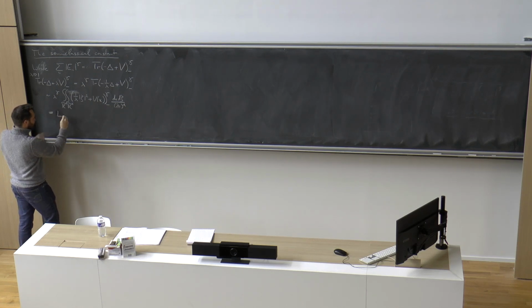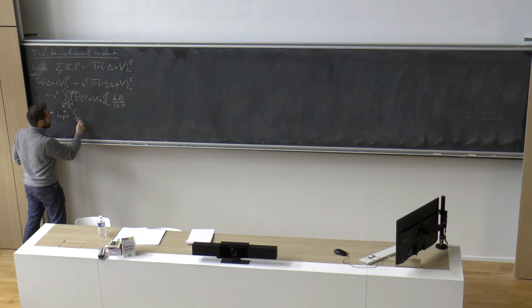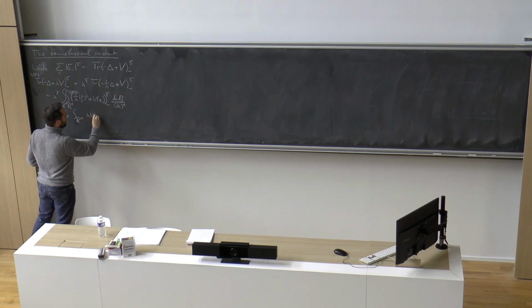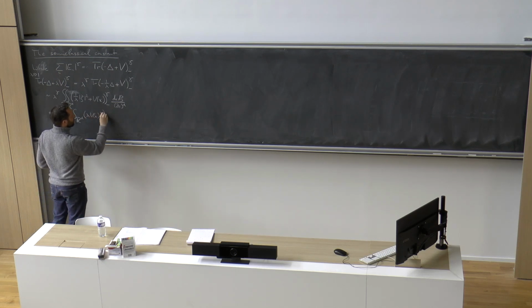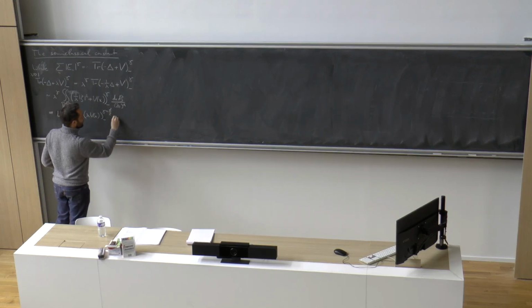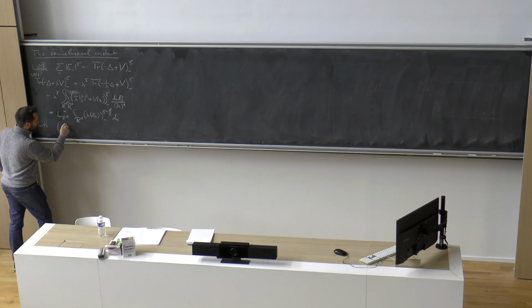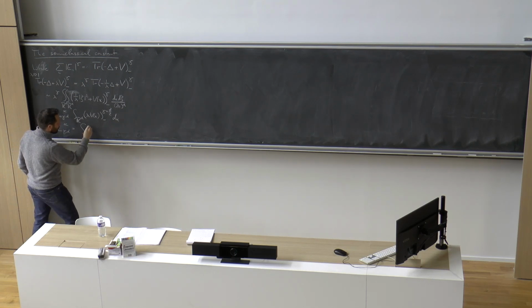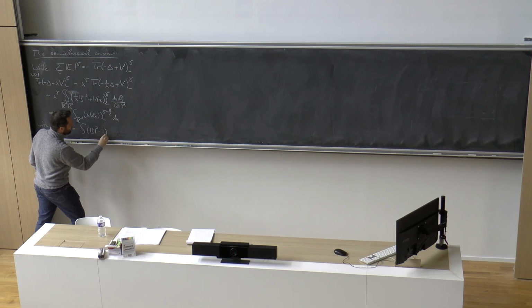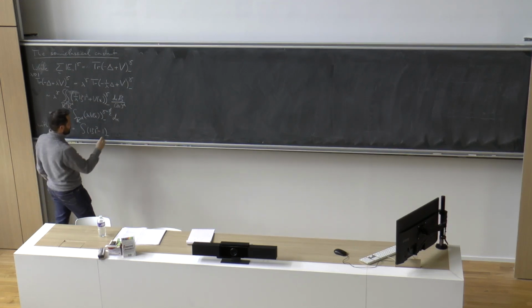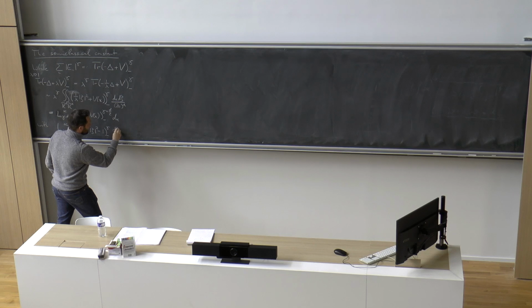So that's an equality: a certain constant, L gamma d semi-classical, times the integral of lambda V of x, negative part to the gamma plus d over 2, dx, with L gamma d semi-classical equal to the integral of psi squared minus 1, negative part to the gamma, d psi, divided by 2 pi to the d.